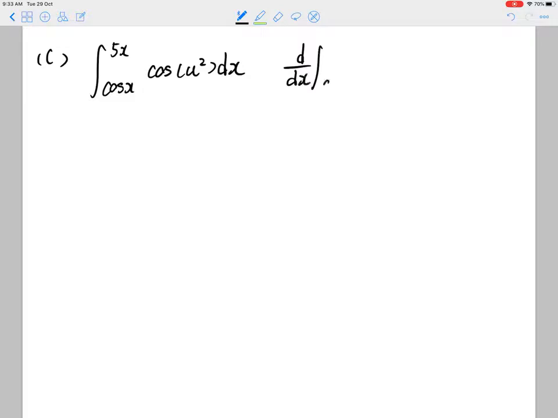It's d over dx from a to x of f(t) dt. Again, you want the limit to be constant, so you can split this into two parts.